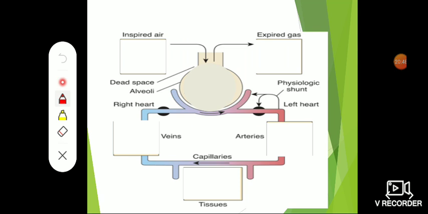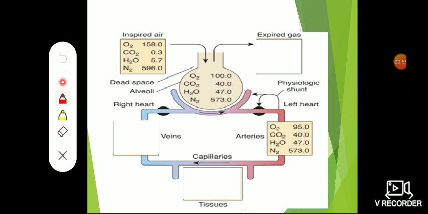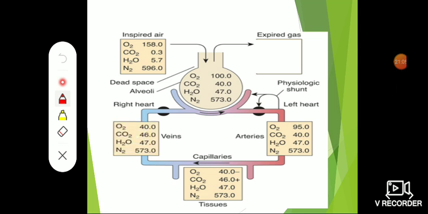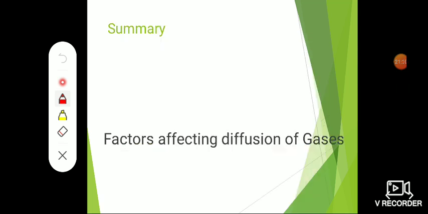So these are the different levels of gases which we have just mentioned: inspired air, alveolar air. This is the arterial, as I have shown, the physiological shunt, which is due to bronchial circulation in the capillaries, that is in the tissues and in the veins. This is the expired air.